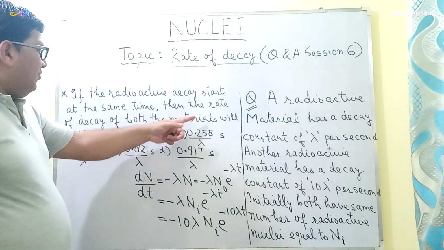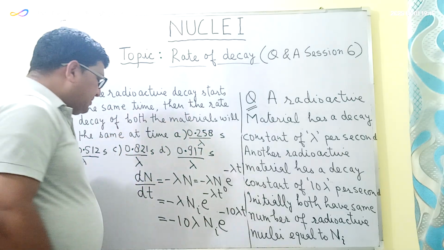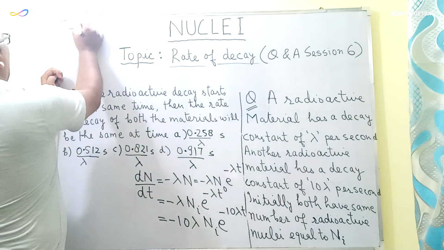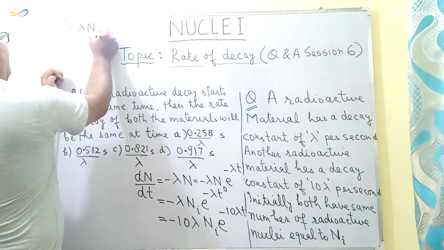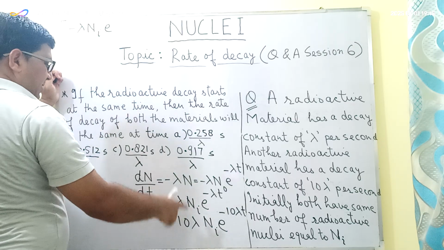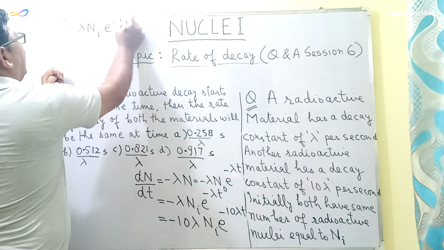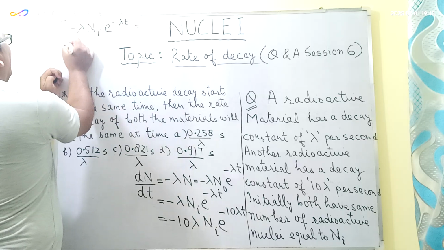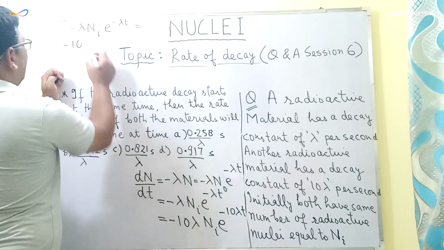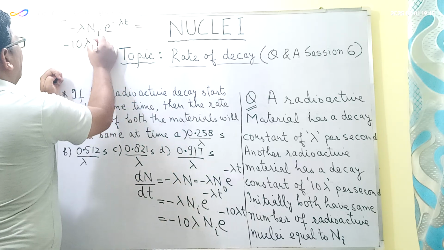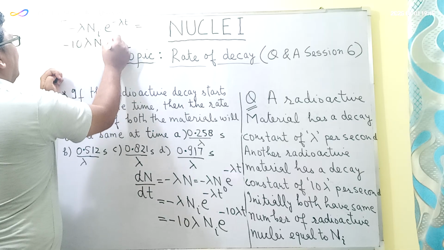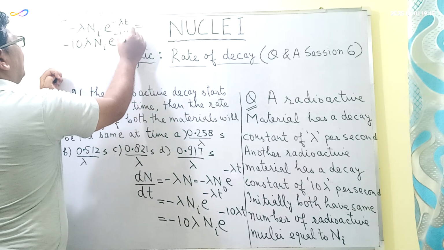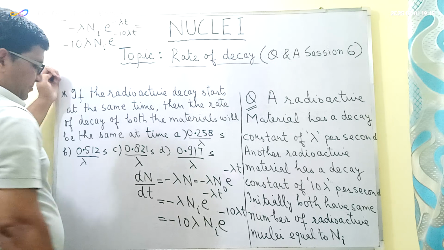Now when the rate of decay of both the materials is the same, then minus lambda Ni into e to the power minus lambda t will be equal to minus 10 lambda Ni into e to the power minus 10 lambda t.